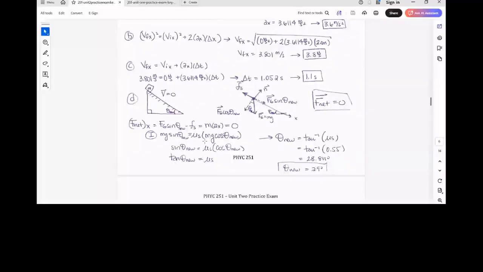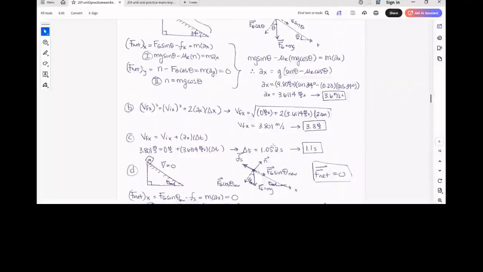So I'm going to have an mg on each side of this equation. Mass and free fall acceleration cancel out here, so that I find sine theta nu is equal to mu s times cosine theta nu. If I divide both sides by cosine, I have tangent theta nu is equal to mu s. So I can just take an inverse tangent. And we end up with 28.811 degrees, so that's 29 degrees to 2 sig figs.